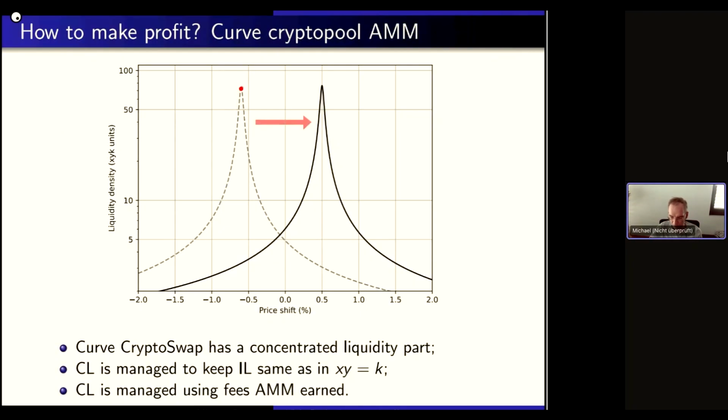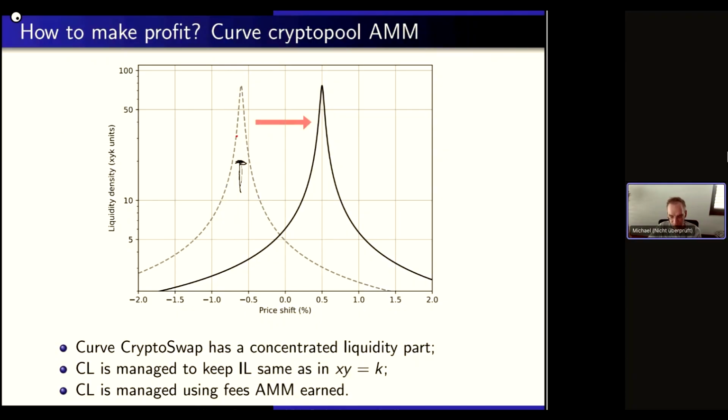How do they work? Imagine liquidity is concentrated around a certain price, and the current price is somewhere here, fluctuating around these values. Everything is great because liquidity is dense. We are earning good fees. Slippages are low.